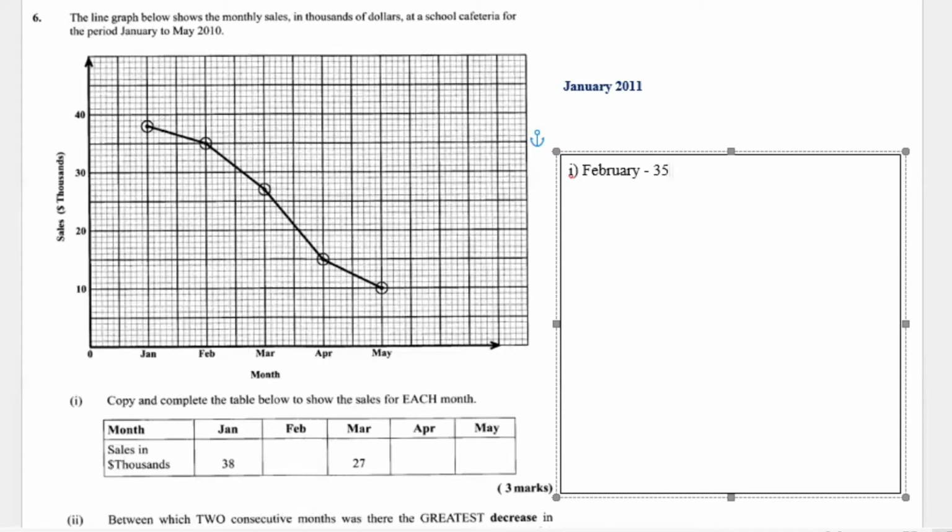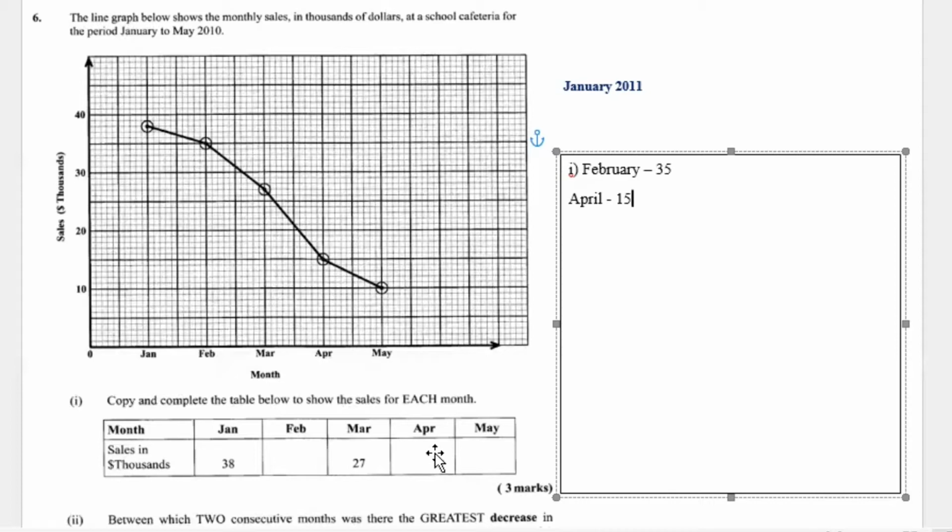Then for April, so you can see it is in between again 10,000 and 20,000, so the half mark. So it will be 15,000. So therefore, for April, we can put 15. So we need to follow the trend. You don't need to write out the 15,000, because that is how they have been representing it in the table.